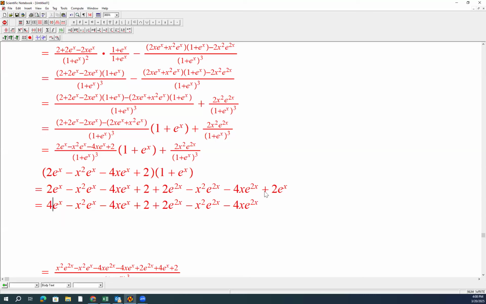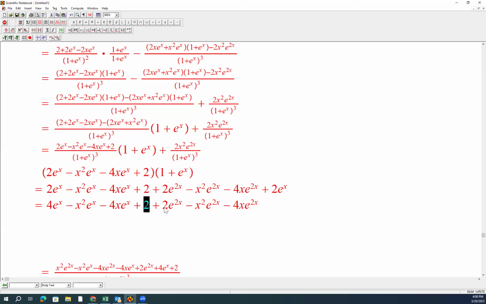Okay, so that piece combined with that piece. x squared e to the power x. Do we have another x squared e to the power x? No. 4x e to the power x. We have 4x e to the power 2x. No, there are no like terms, right? 2 is standing alone, right? This piece, okay?